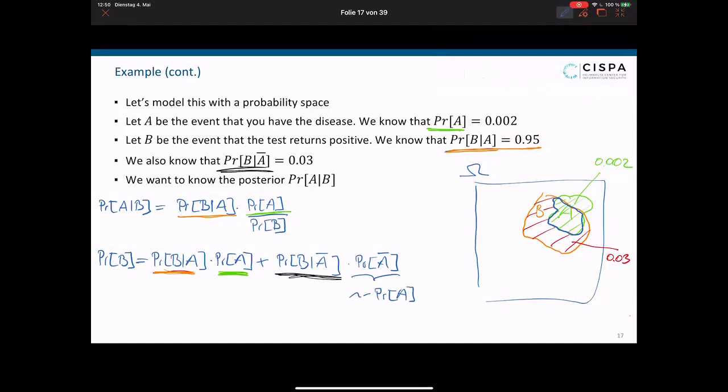If we plug in the values, which I won't be doing now by hand, it will come down to 0.06 or 6%.